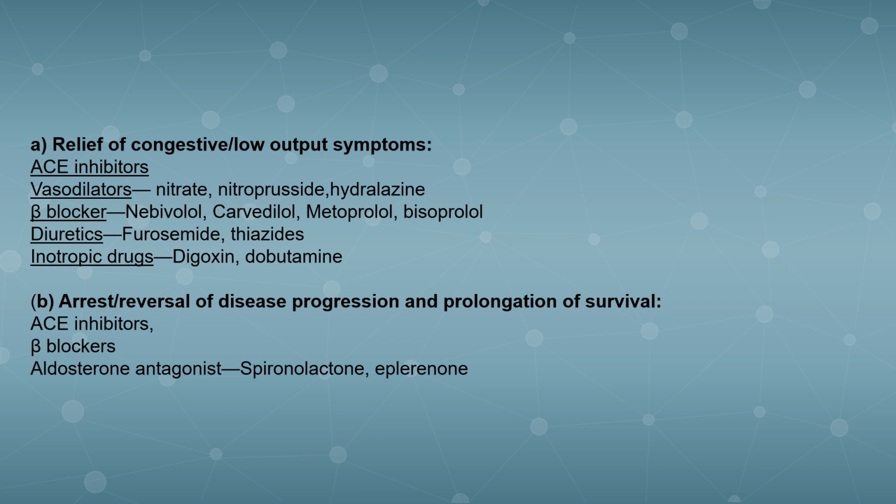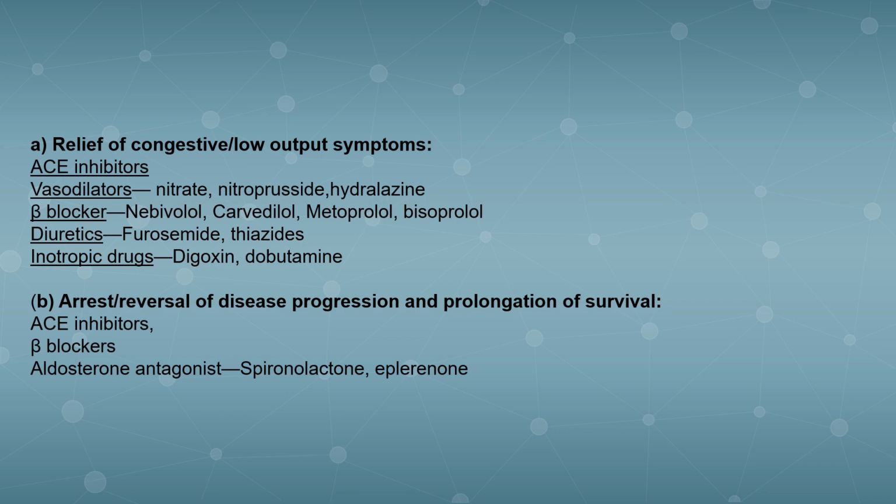So relief of congestive symptoms, that is low output symptoms. Whenever there is congestion in the heart, there is pump failure, the heart is not able to pump properly, so it gives rise to congestive symptoms. So your role is to give relief from the congestion.